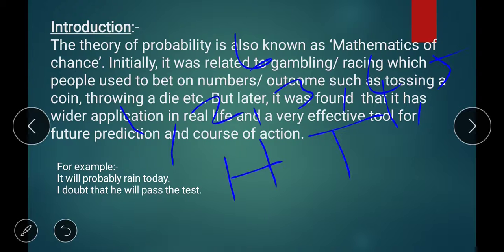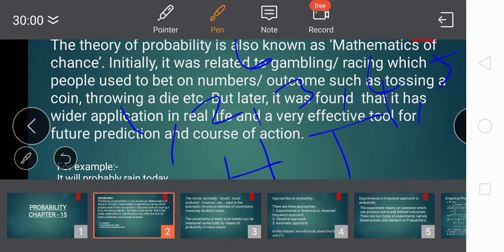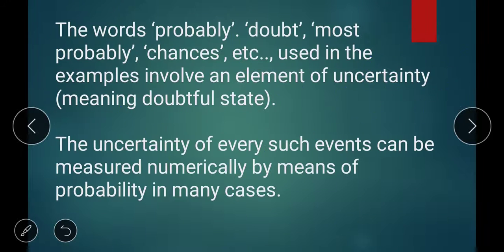If we toss a coin, the total number of chances, or possibilities, is 2. Here the probability of getting a head is 1 by 2. The probability of getting a tail is 1 by 2. So the total number of chances here is 2 only, because 1 head, 1 tail.